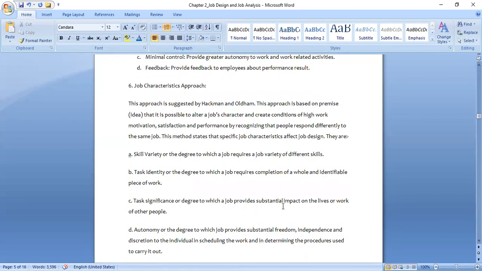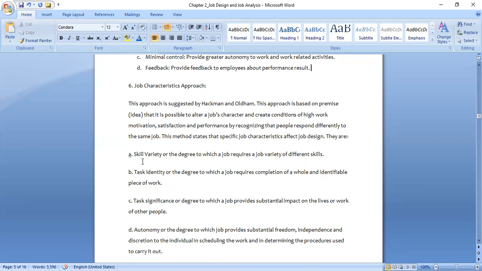These characteristics help to bring about skill variety, right? So this method says that specific job characteristics will affect job design. So how do these job characteristics affect the job design?